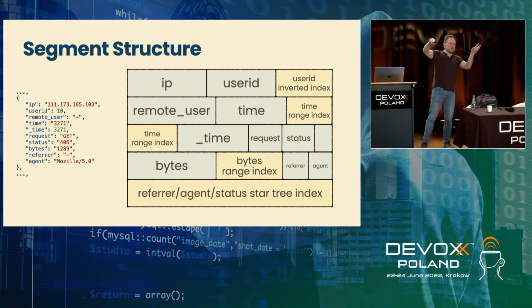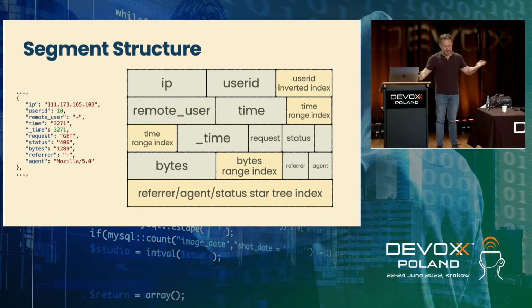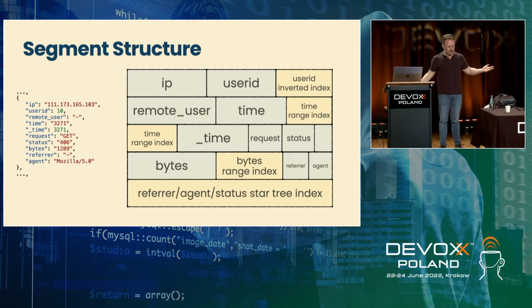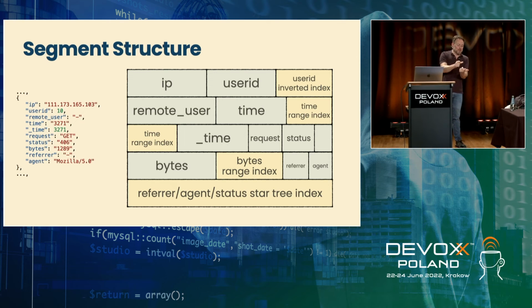It's where you take several dimensions, and for all the unique combinations of those values, you run an aggregation. So like, what's the average? We'd need some kind of time on the page or some kind of measurement. What's the average measurement given a particular referrer, agent, and status?